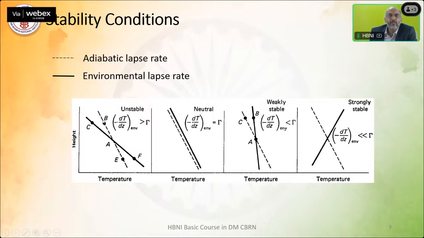If this is the condition, you say the condition is unstable. And when both of them are equal, you say it is a neutral condition. When the environmental lapse rate is lesser than the adiabatic lapse rate, then you say it is weakly stable. And if it is still lesser, then it is strongly stable. So these conditions are used to define how the dispersion is going to be influenced.